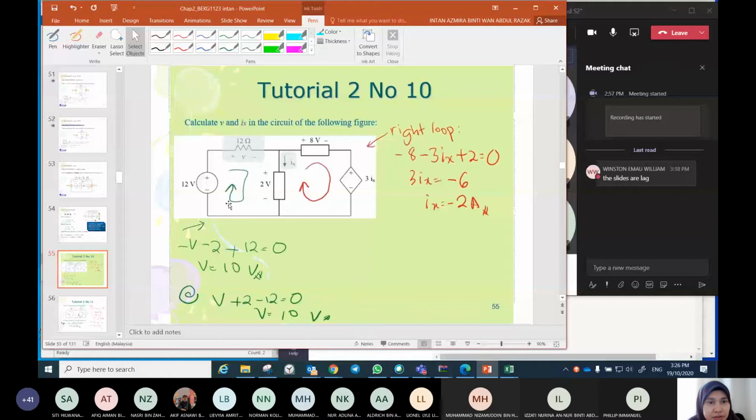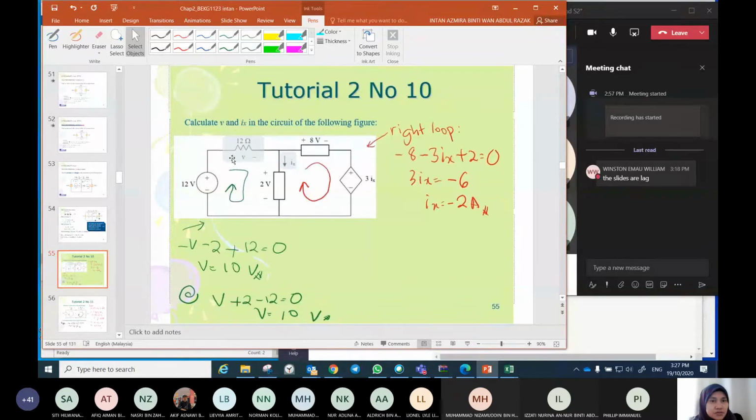Please bear in mind that when current flows through the element, the voltage drop across the element must be positive first and then negative. Always assume that current flows clockwise. The voltage drop across the resistor is positive first and negative next, since current enters this terminal.